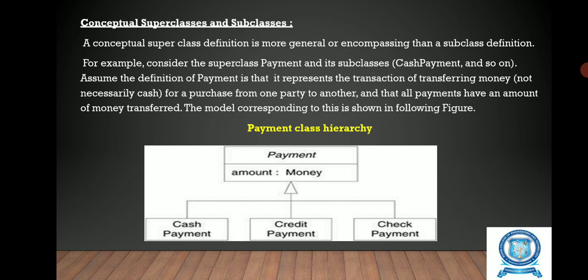The model corresponding to this is shown in the following figure. Consider this diagram: payment, amount, money. That is the attribute. Then cash payment, credit payment or check payment, whatever type of payment it may be.